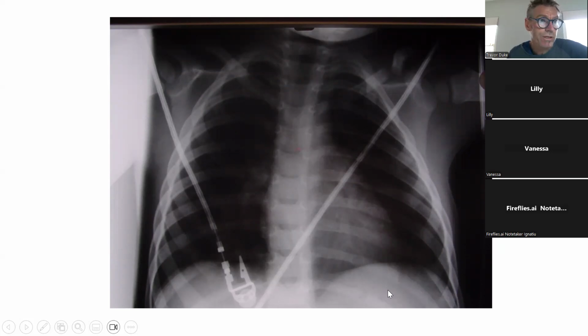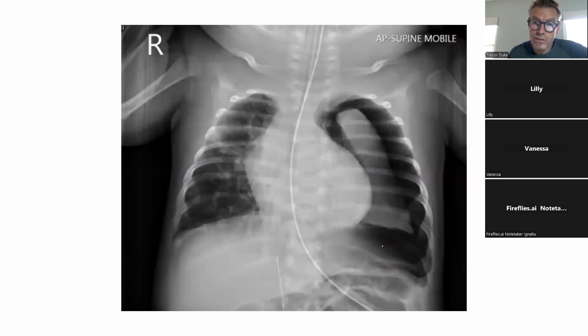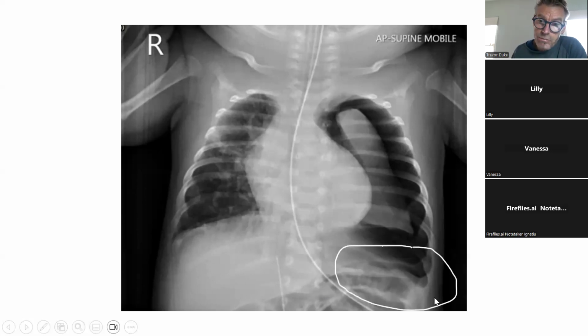But sometimes with head trauma, you can have multi-system trauma as well. And these are some X-rays of some children. This is a child who had a traumatic brain injury, but also a traumatic disruption to the diaphragm.